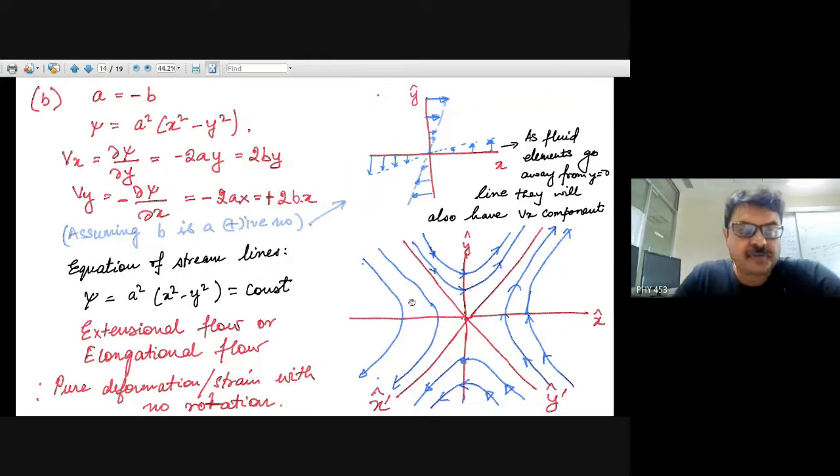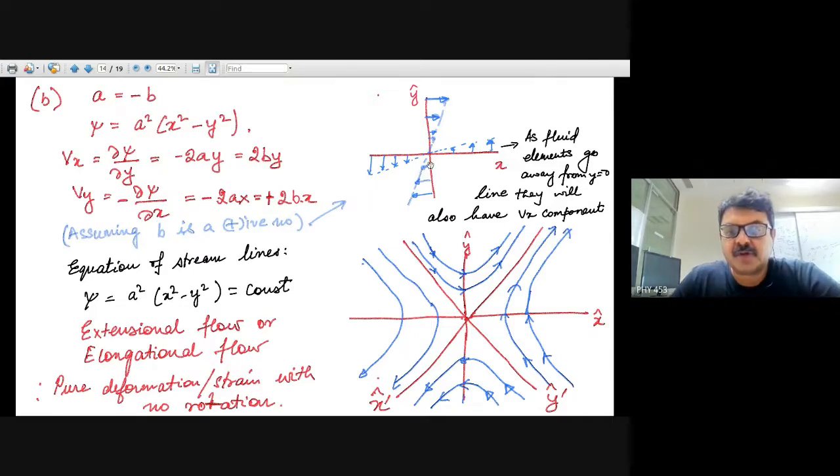Now, if a equal to minus b, if both have finite value, then the stream function can be written as A times x square minus y square, and taking the suitable derivatives, you'll get Vx equal to 2By and Vy equal to 2Bx.